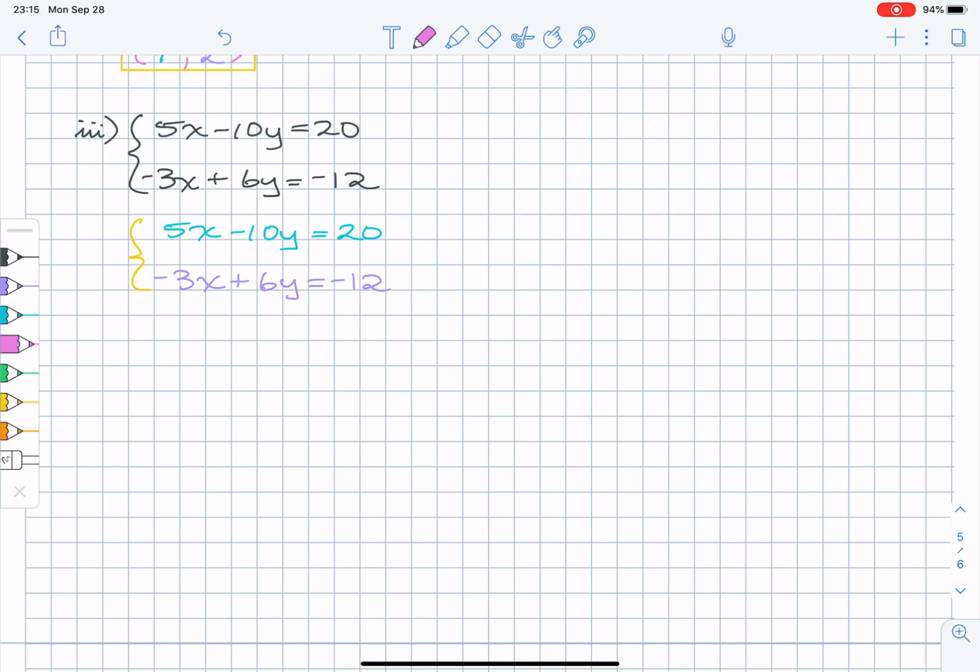I notice that the first equation can be divided by 5, and the second equation by 3. So that's interesting. If I did that, what would happen?